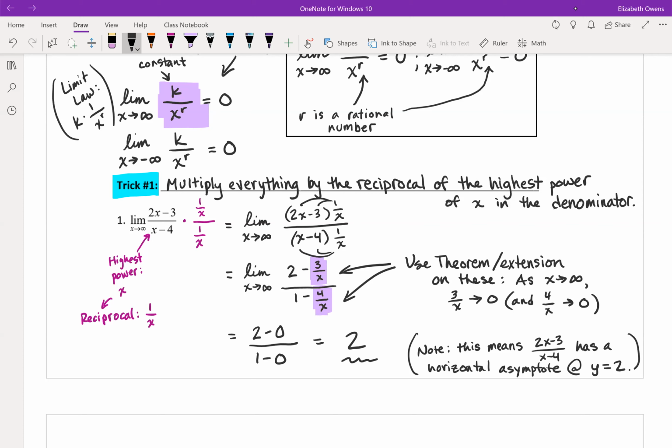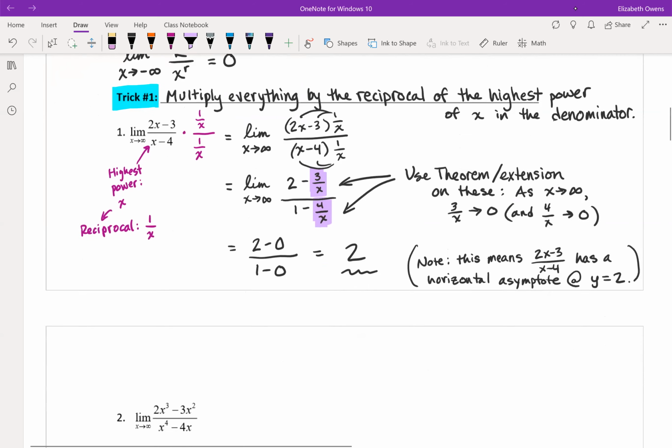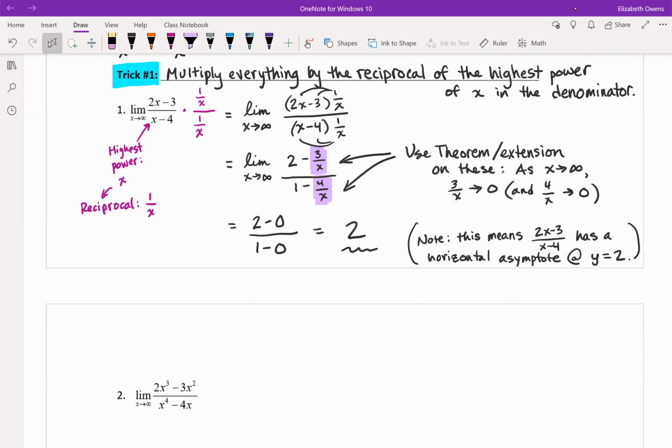That is how trick number 1 works for us, multiplying by the reciprocal of the highest power of x in the denominator. Let's do one more. Example 2.